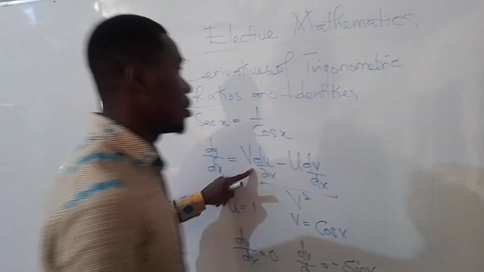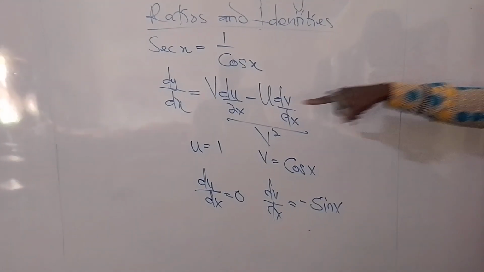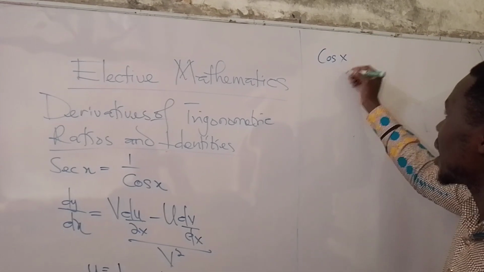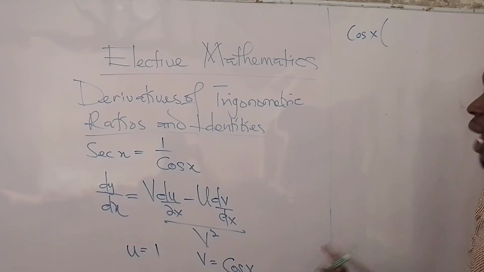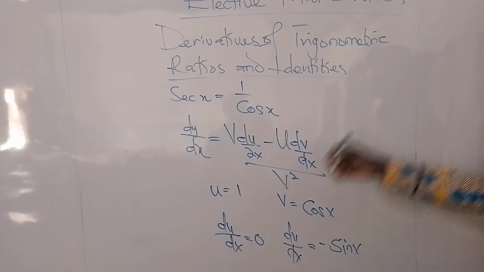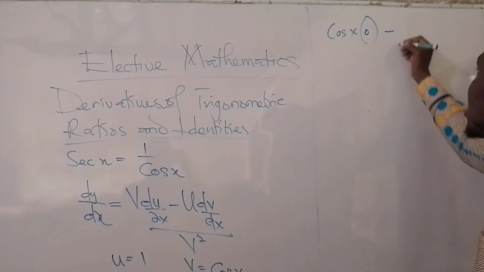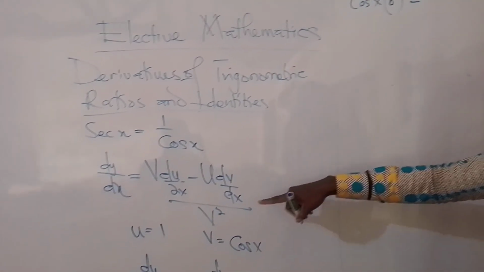So our value for v is cos x, being multiplied by du dx. What is our du dx? It is 0, minus u.